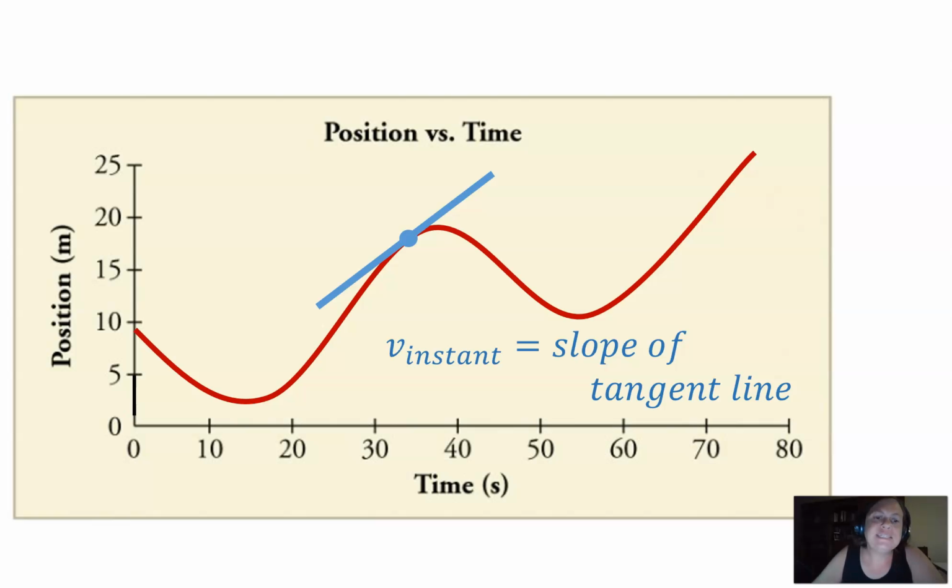For motion that doesn't produce a straight line on our position versus time graph, so motion with a non-constant velocity, the basic concept still applies. In this graph, the object is first moving backwards, then forwards, then backwards again, then forwards. The rate of change will be the difference in position over the difference in time.